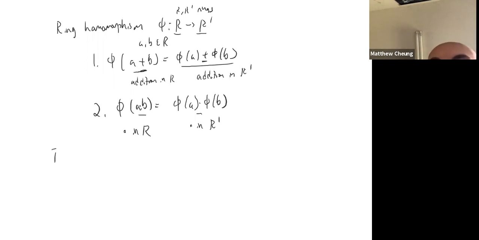And then what is an isomorphism? A ring isomorphism is a ring homomorphism plus it's bijective.